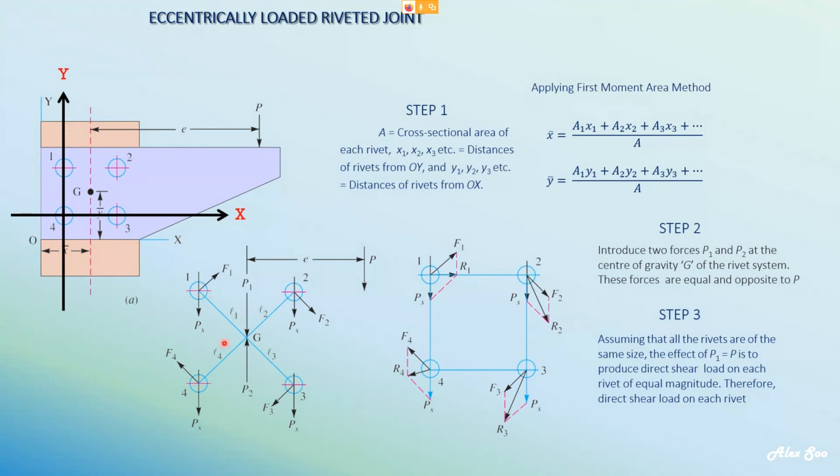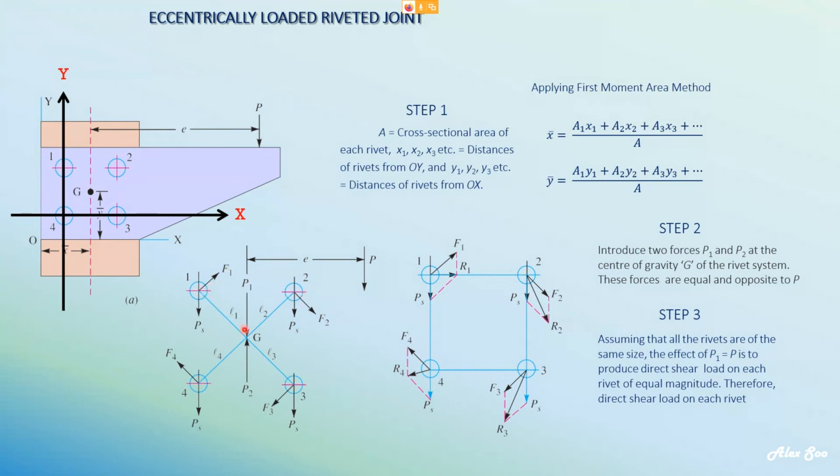So these forces F1, F2, F3, and F4 have to be 90 degrees to these radial lengths. It is denoted as 1 for rivet 1, 2 for rivet 2, 3 for rivet 3, 4 for rivet number 4, and all these are in clockwise direction.